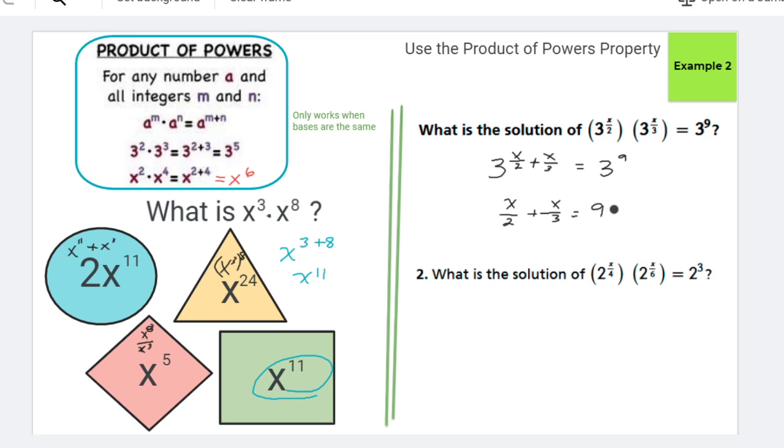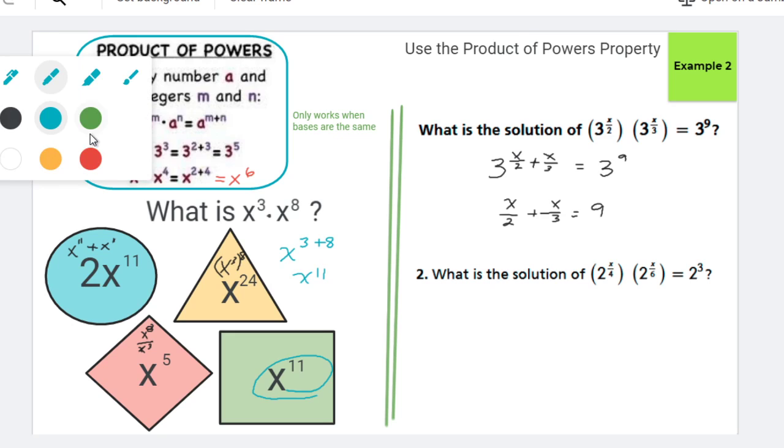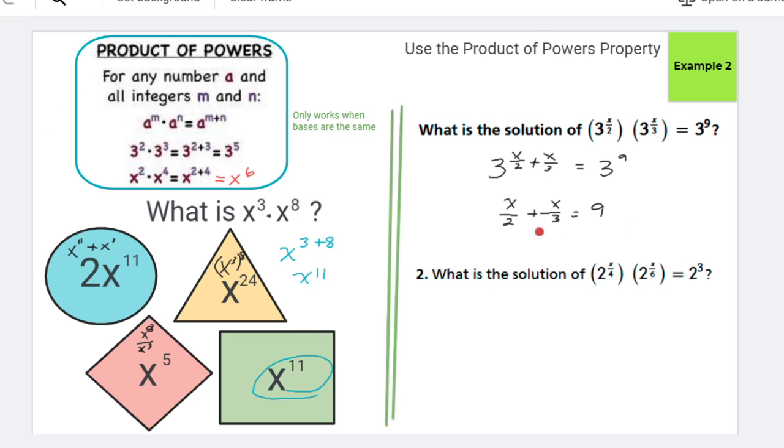Now when you have a problem like this where you have these kind of ugly fractions that are stopping you from doing stuff, what I recommend doing is just multiplying the entire problem by whatever the least common denominator is. Alright, so in this case, between 2 and 3, my least common denominator would be 6. So I'm going to multiply everything in this equation by 6.